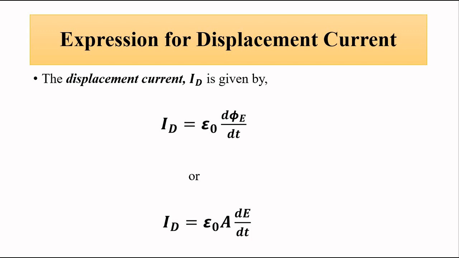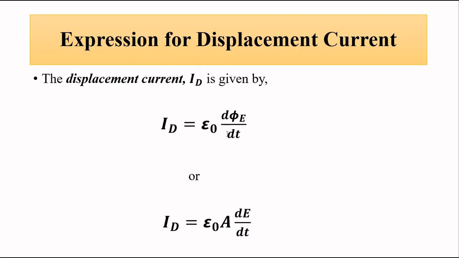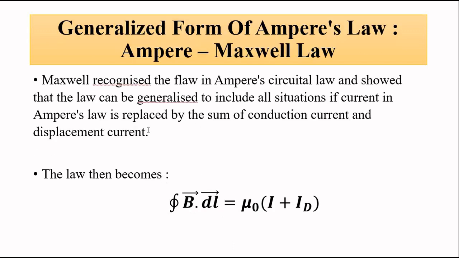So what Maxwell did for the region of space in between the two capacitor plates, he gave us an alternative expression for current different from conduction current, expressed in terms of the rate of change of electric field or electric flux with respect to time. As a result we got this modified or generalized version of Ampere's circuital law, called the Ampere-Maxwell law.